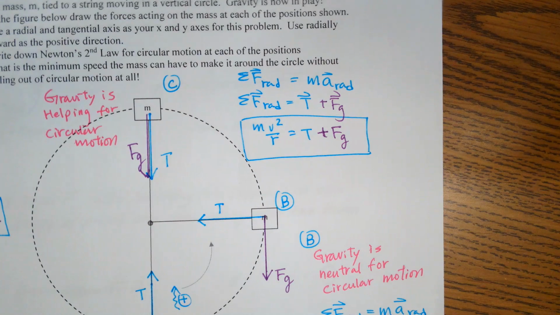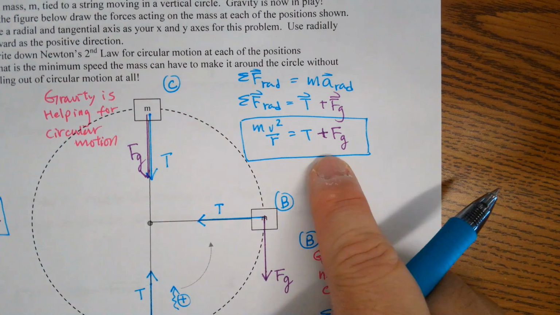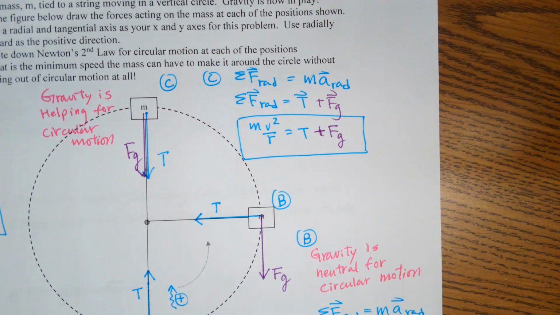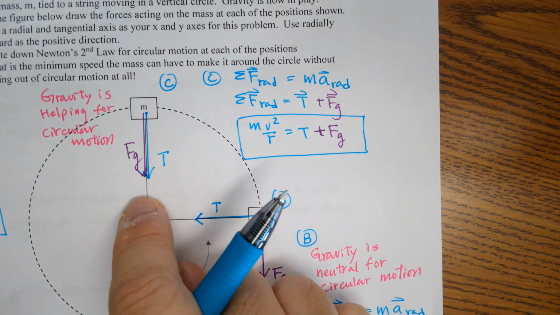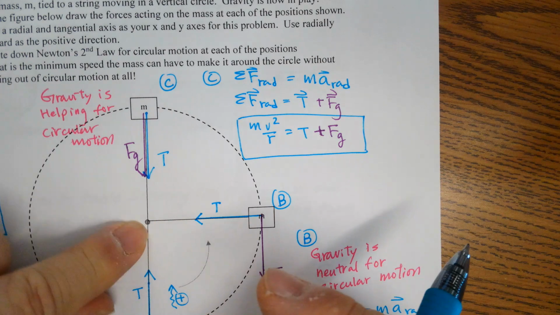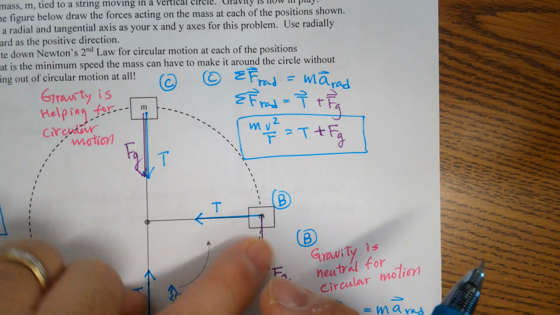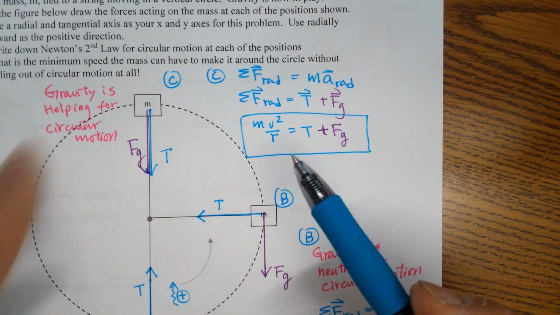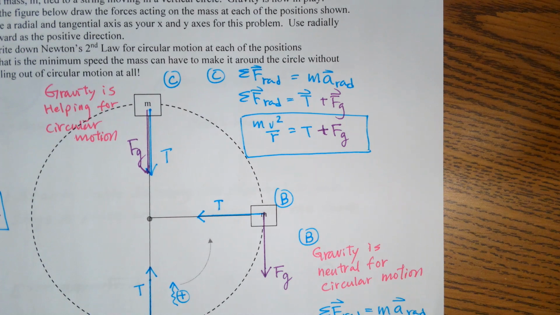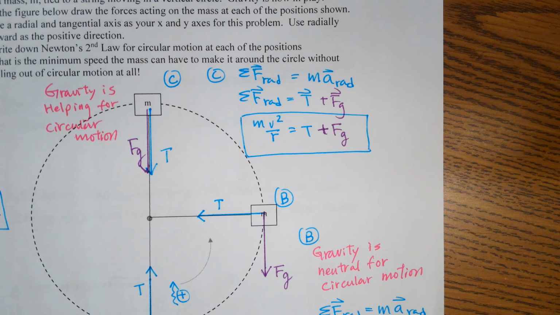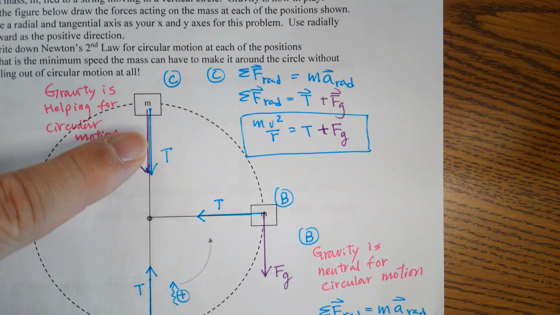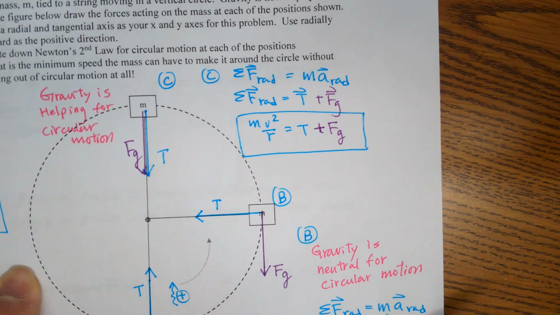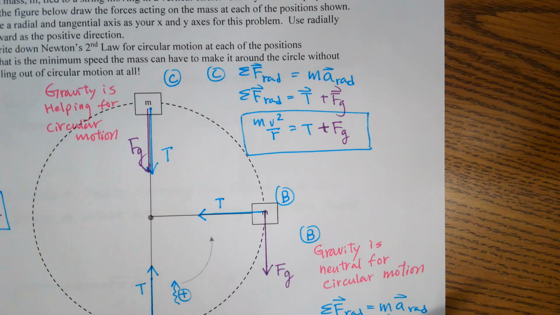What happens when the tension is the least? Let's say the tension is 0 here. What's making it go in a circular motion? It is the gravity that's helping. So at the top, there's no tension required to stay in the circular motion, as long as there's gravity there.